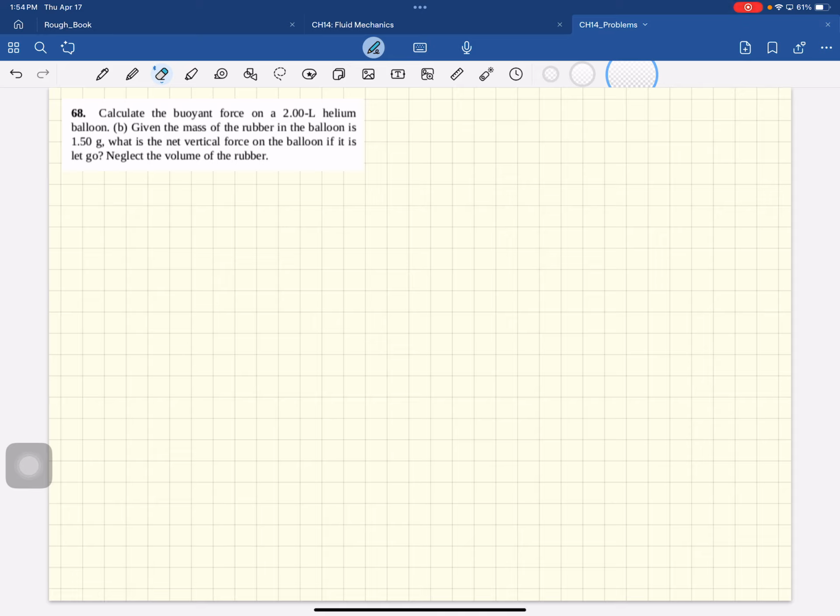Till what point will it keep going up? Till the density of the surrounding air equals the density of the balloon and the helium. And then the velocity will become constant, and then it'll eventually stop because of friction. So the steady state is where it'll go and stop, where the surrounding air density is equal to the density of the balloon.